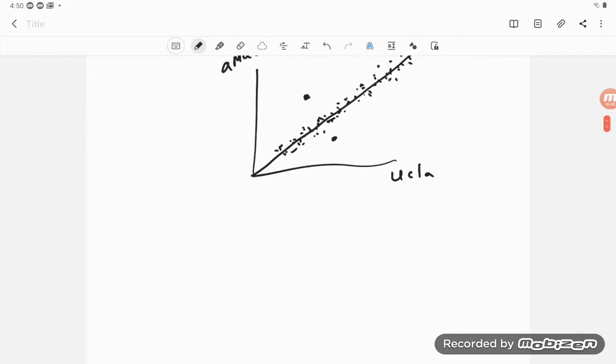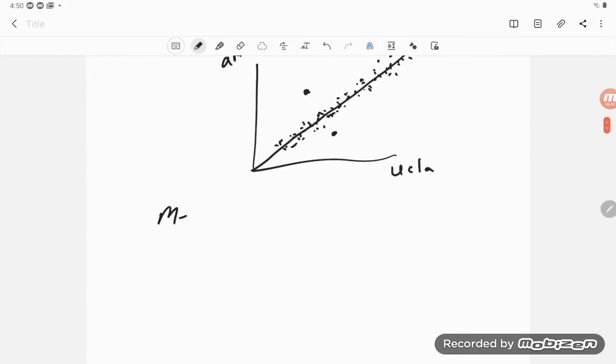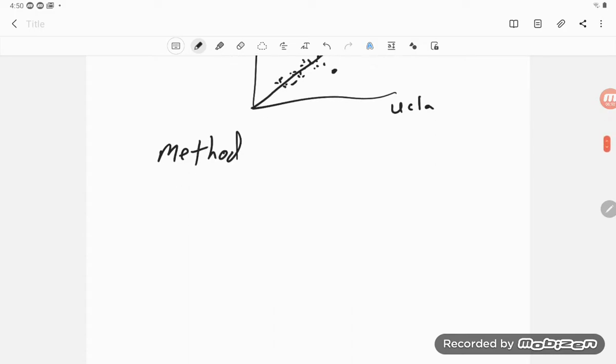And the method we use is pretty darn simple. I have two columns of data that I think are paired. Column 1, column 2, x1, x2, y1, y2, and these are the observations.